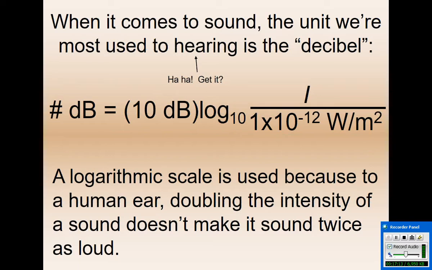The decibel is a logarithmic calculation, because our ears respond logarithmically to sound intensity. If the sound doubles in intensity, our hearing does not detect it as doubling in loudness. Our hearing does detect an increase in loudness, but that increase doesn't respond linearly.